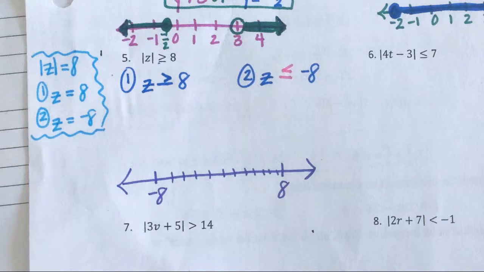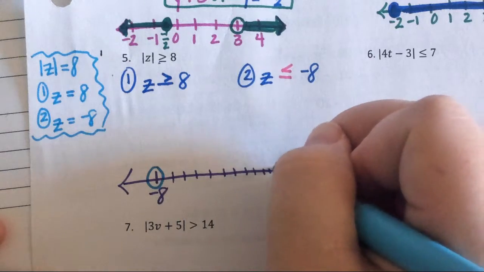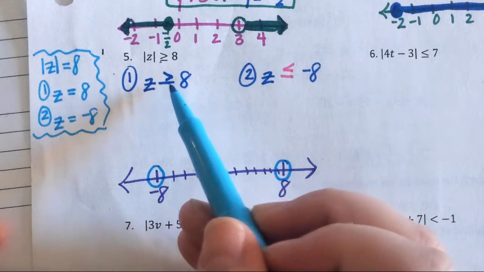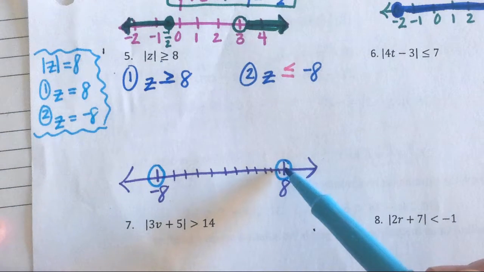Okay, so I'm supposed to put a circle at -8. I'm supposed to put a circle at +8. Let's focus on this one first. The first option, z is greater than or equal to 8. Do I fill in my circle?